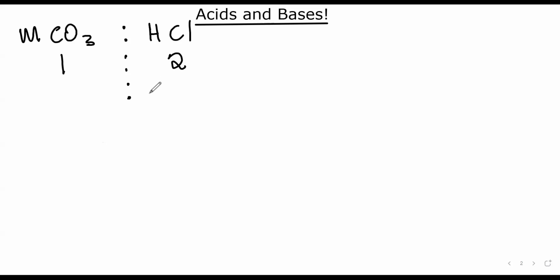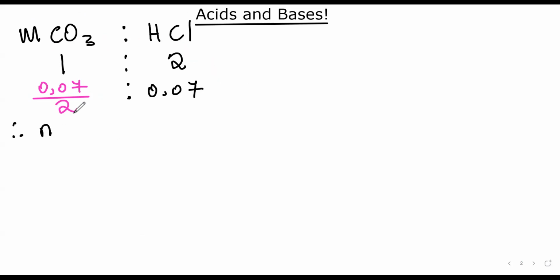So what does it mean? It means if I have 0.07 moles of the hydrochloric acid, how many moles do I need for the metal carbonate? I actually need half of what I have for the acid. This one divided by that one multiplied by that.